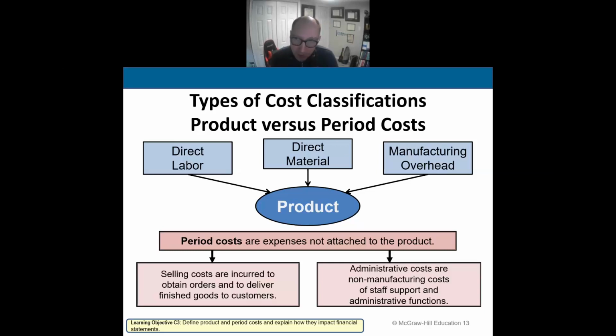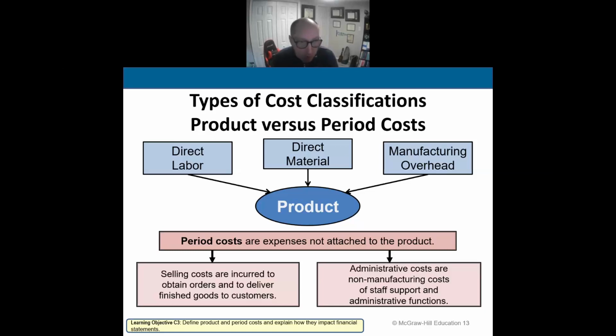It costs me something to sell that product that I just made. I've got to sell that car. Well, it's going to cost me something to sell it. Advertising expense, wages for my salespeople. Those are selling costs. Advertising, sales wages, those are selling costs. Bonuses, incentives, percentage of sales, whatever.